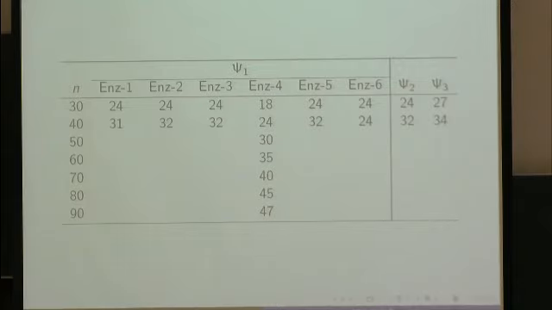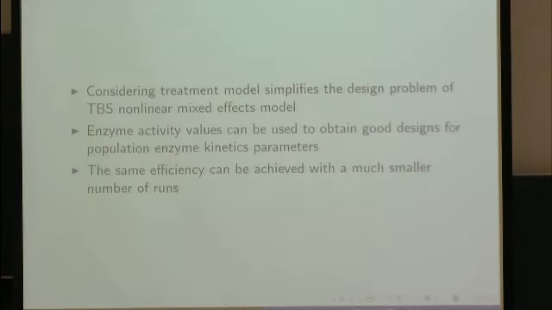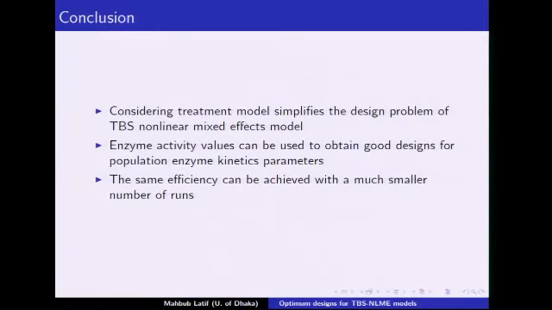So I finished about 5 minutes early, I guess, and these are the conclusions. What I want to say is that activity value has importance in designing this setup, and the same efficiency you can obtain with a smaller number of runs if you do a good design.